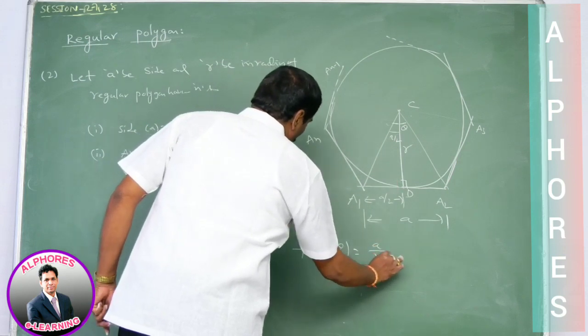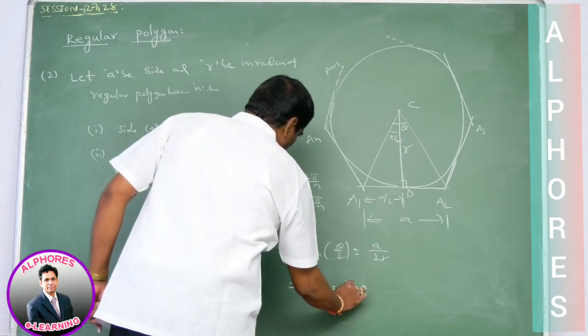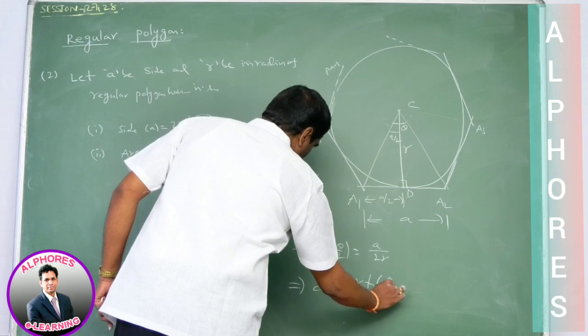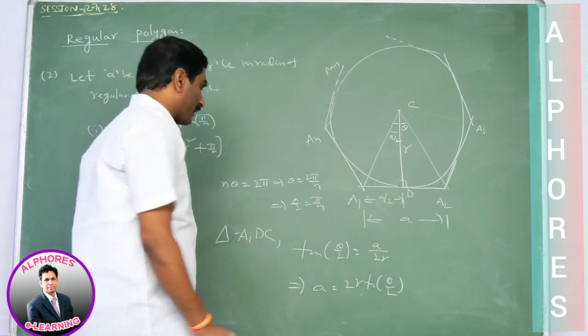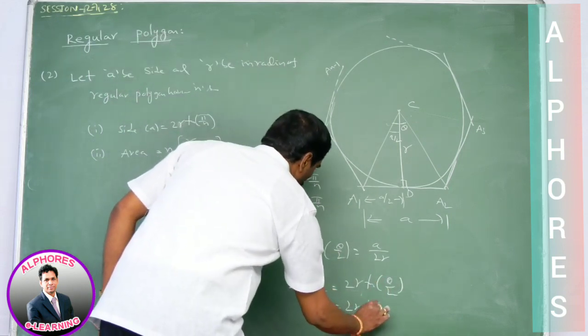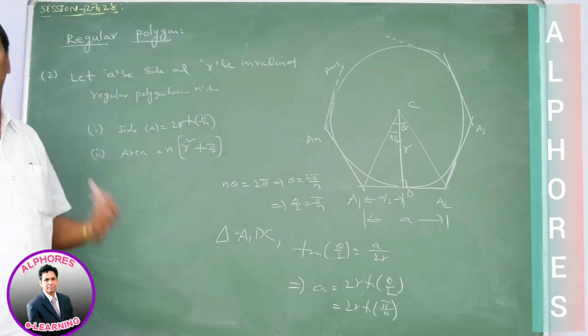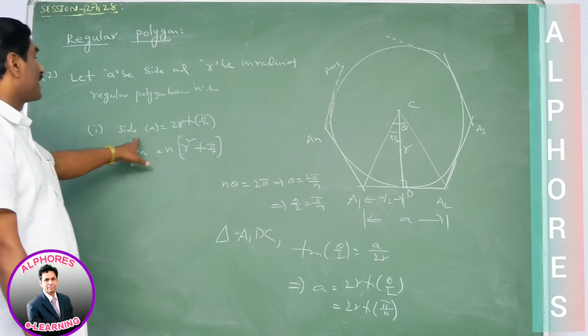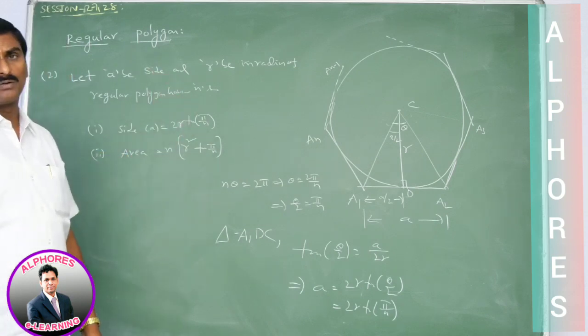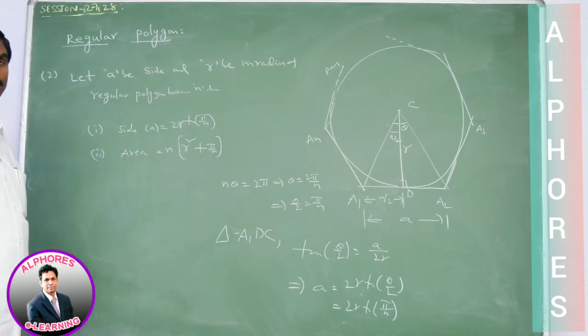That means a by 2r. That implies a is equal to 2r into tan theta by 2. But theta by 2 is nothing but pi by n. That is equal to 2 small r into tan pi by n. When small r, the inradius of the regular polygon, is given, side a is equal to 2r into tan pi by n. Okay. Next, area.